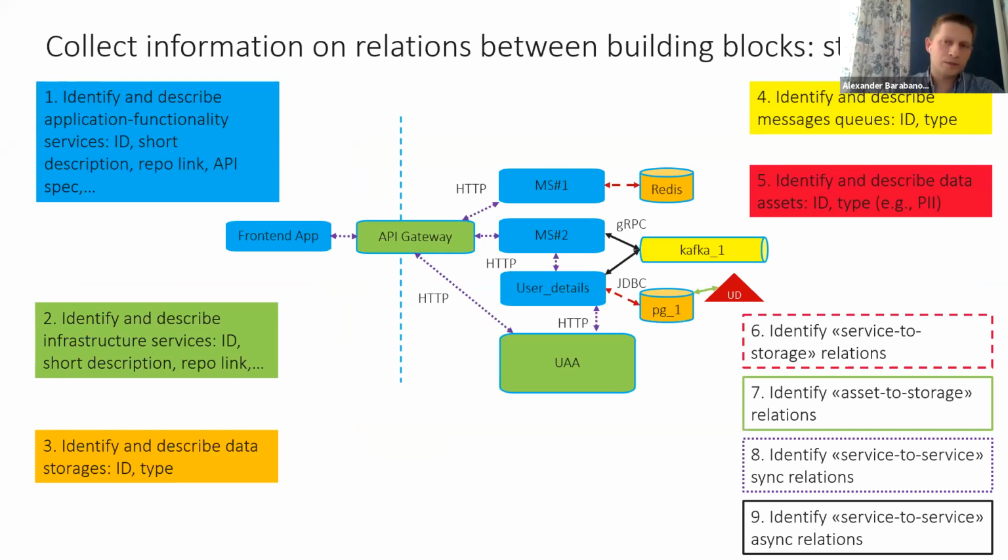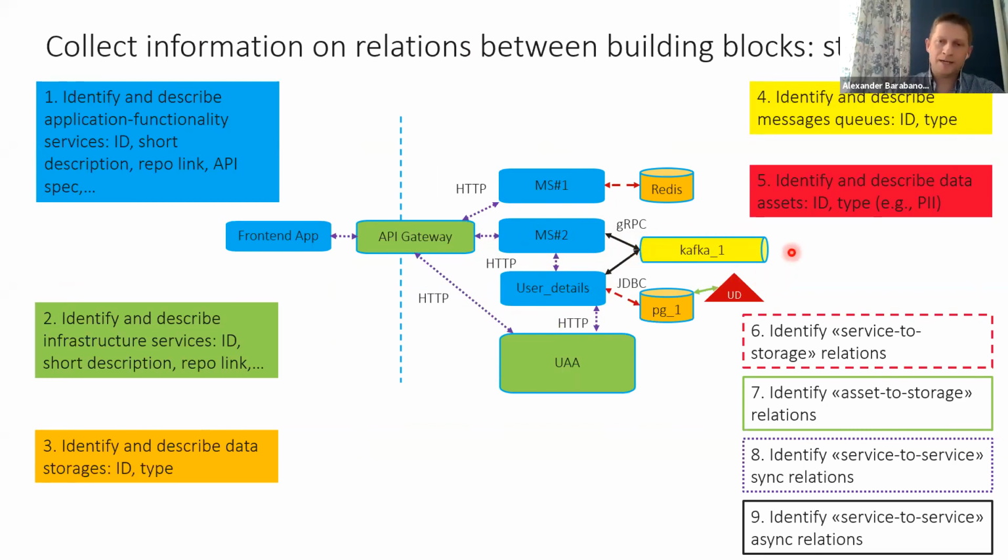Services can also interact with each other asynchronously via message queue. For example, on that slide, microservice number 2 and microservice user details interact with each other using Kafka message queue.